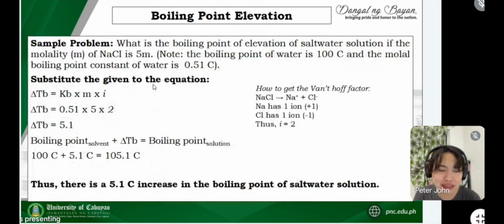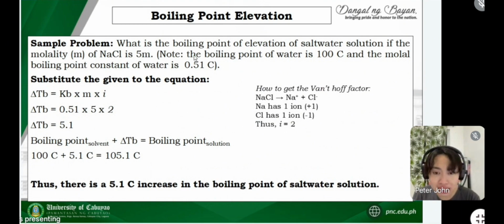So, basahin natin mabuti. Sample problem. What is the boiling point elevation of salt water if the molality of sodium chloride is 5 molal? So, given na siya yung unit natin. Nakikita natin, naka-molality na siya, which is 5m. So, ibig sabihin, we don't need to convert that later.